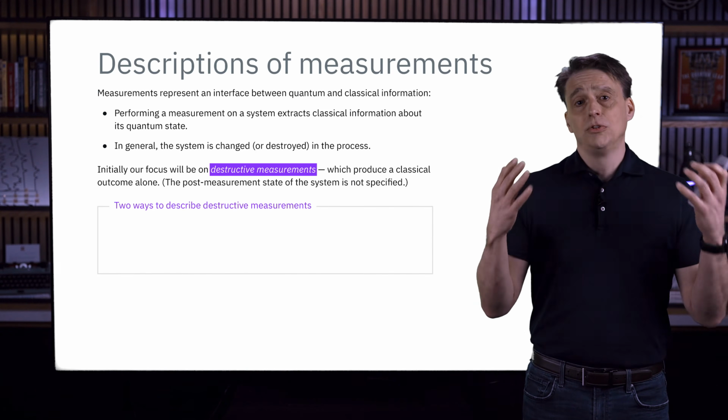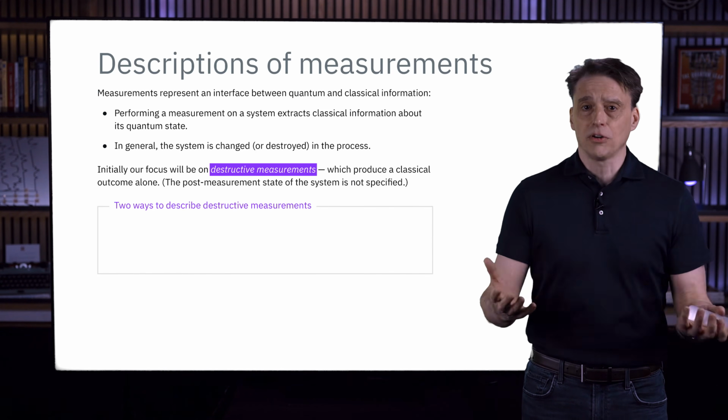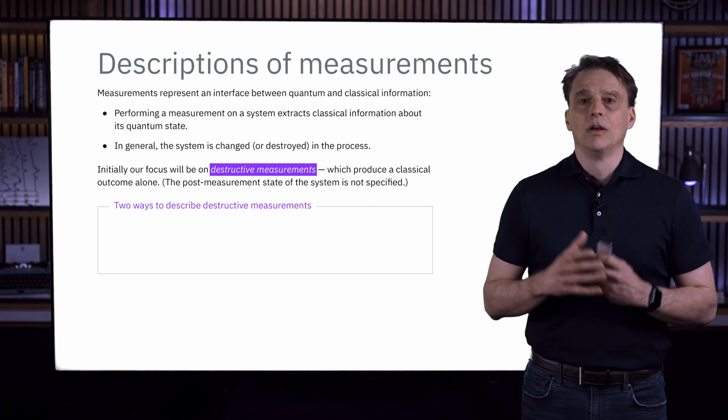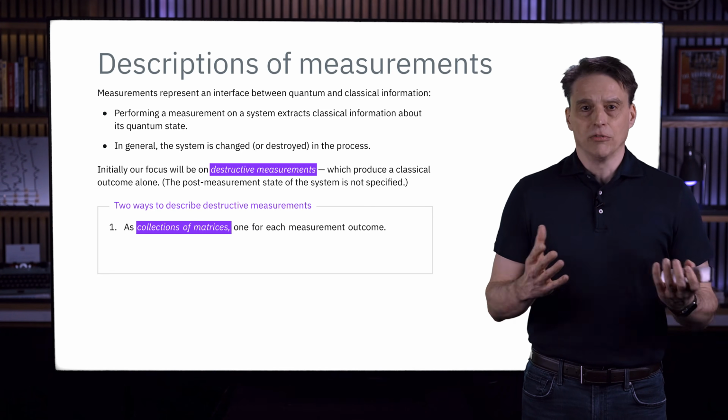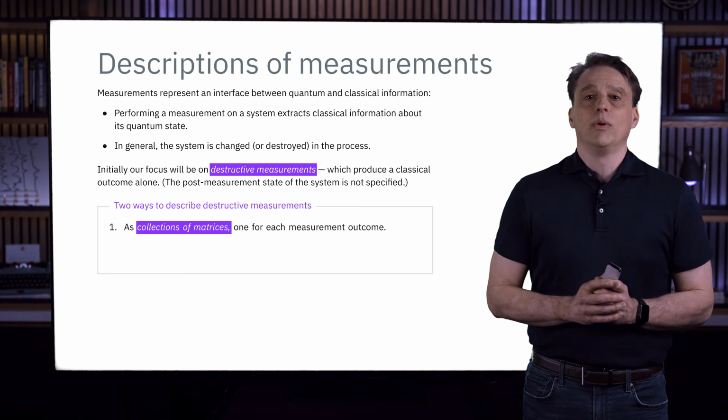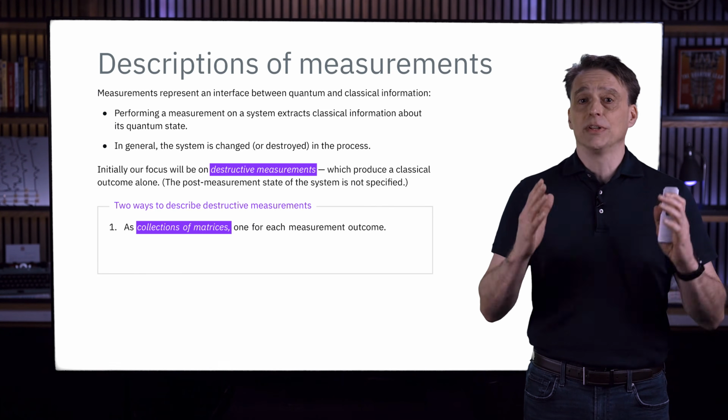There are, in particular, two equivalent ways to describe destructive measurements, which I mentioned during the overview of the lesson. One way to describe a destructive measurement is by a collection of matrices, where, in particular, we have one matrix for each possible measurement outcome.